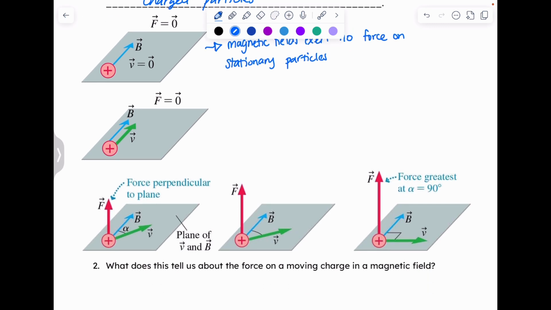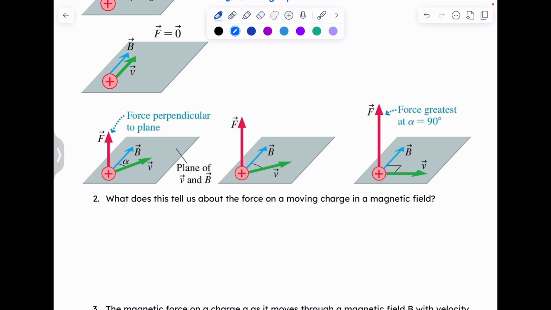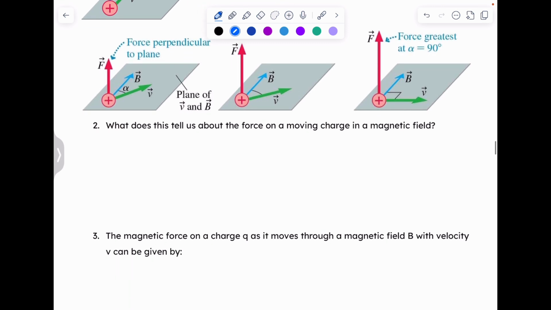In this second picture, we have the charged particle moving in the same direction, so parallel to the magnetic field, and still no force. So this means there's a cross product in play. So we can see here, as we start angling the velocity away from B, we get a larger magnetic force until we reach the maximum size force when that angle is 90 degrees. So we get a cross product.